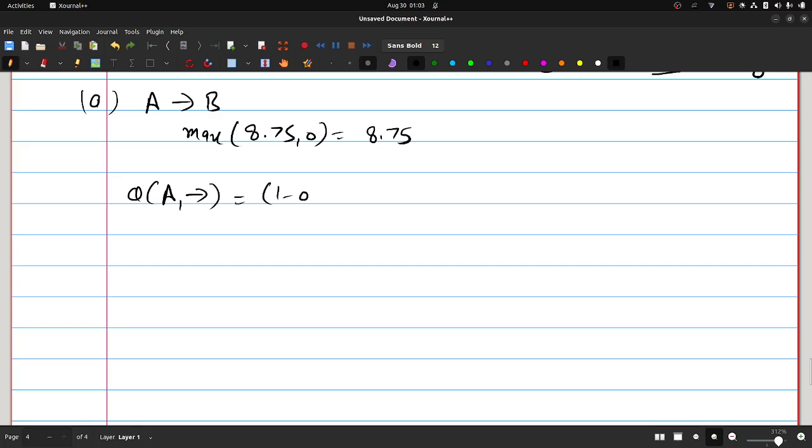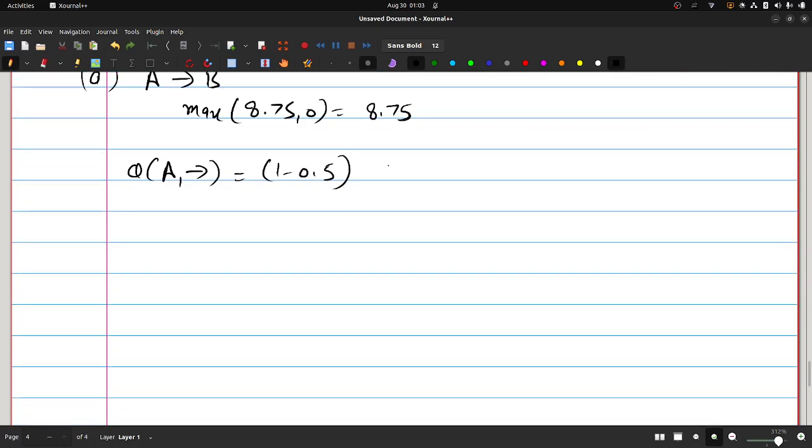It is 1 minus alpha times the Q value in state A, which is 4.5, plus alpha times the reward 0 plus the discount factor multiplied by 8.75.